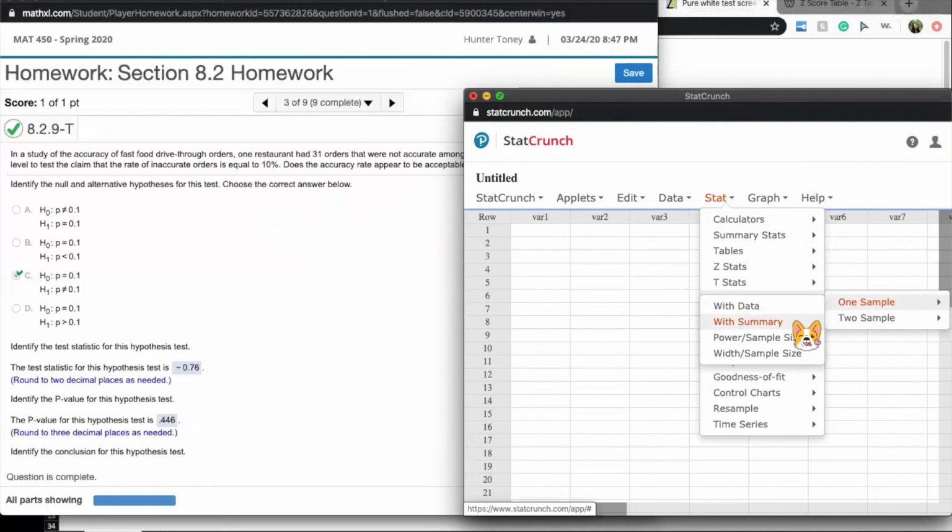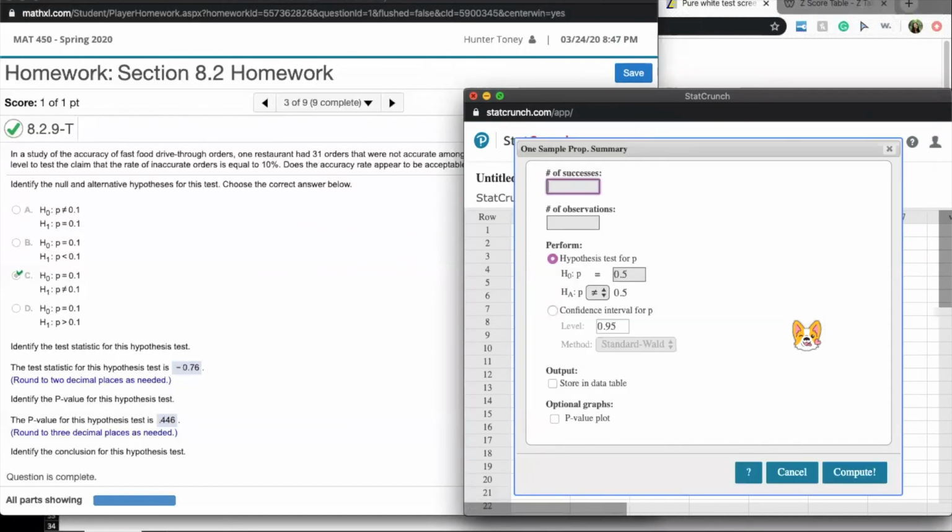So we can click there, and it will ask for a number of successes and our number of observations. For our number of successes, we're really looking for the number of things we're measuring. Because remember, for this problem, we're looking at drive-through mess-ups, which most of us would not call successes, but a success is just what we're measuring. So we had 31 successful observations of inaccurate orders.